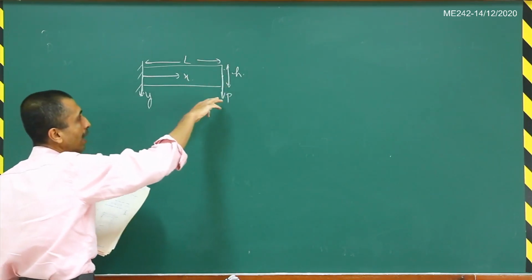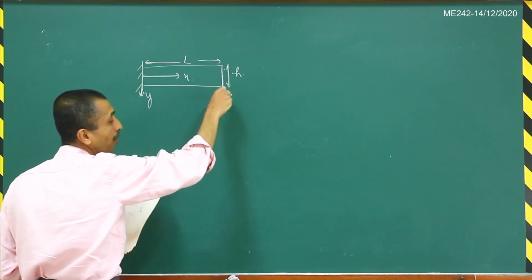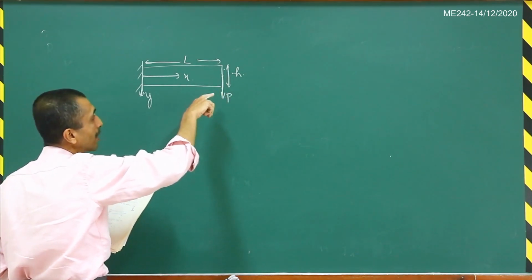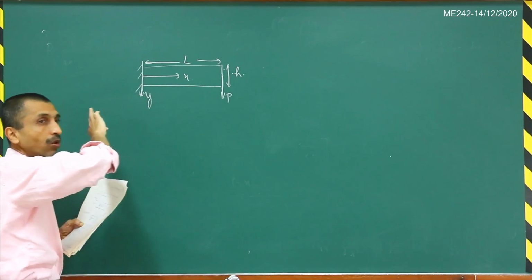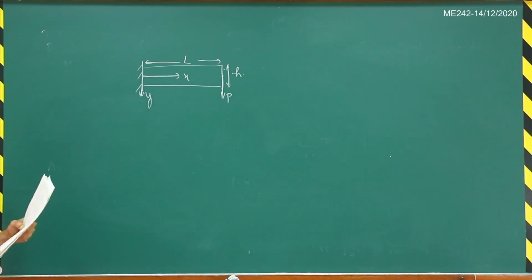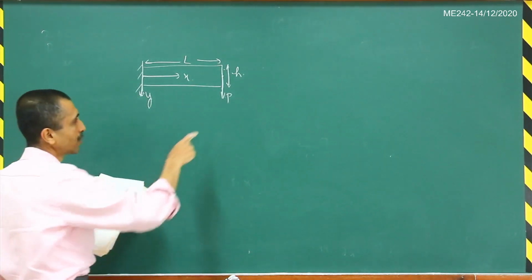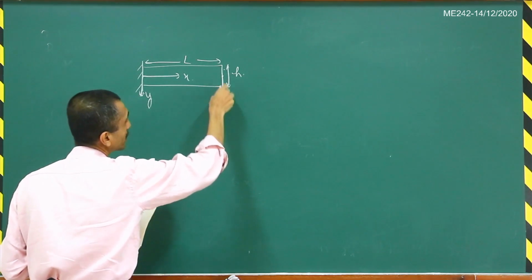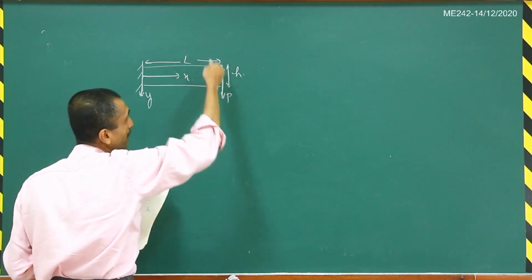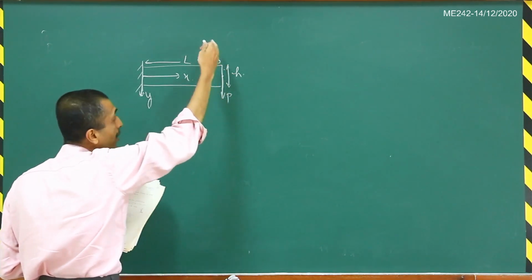Although I may show it like a point load, you should always remember this throughout the course, except in certain cases where I will point out that it's actually a point load. Generally speaking, even if I show something like a point load, it's actually the resultant due to the tractions that are being applied on this right edge.